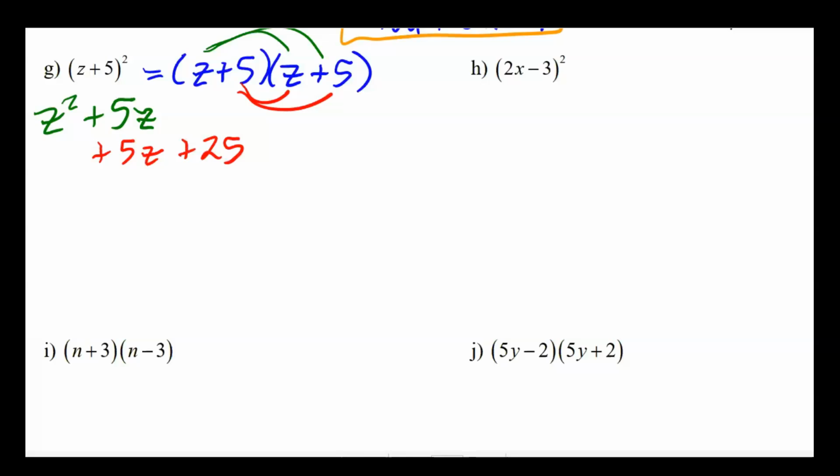Like terms nicely line up in my column. So final answer, z squared. I hate z's. They always look weird. That should be 25. So let's try that again. Z squared plus 10z plus 25.